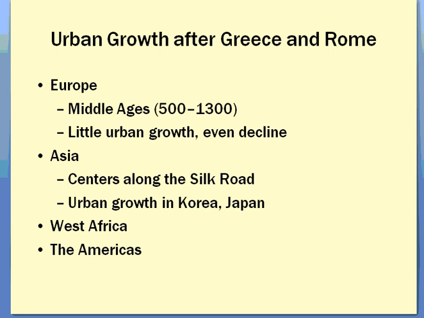In Asia, the trade cities and centers were along the Silk Road. In West Africa, the three main kingdoms, Ghana, Mali, and Songhai, were major trading cities, ports, and centers, and urban areas grew up around them. And in the Americas, the books talk about their growth and their subsequent decline.